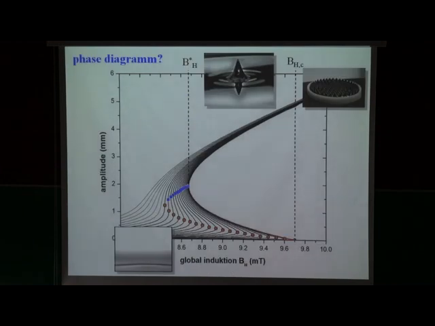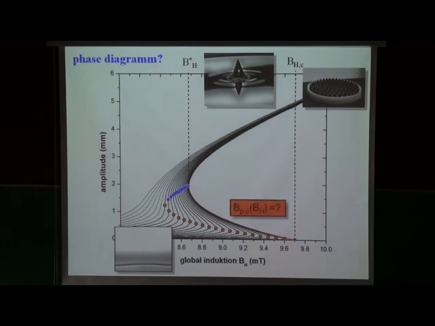Now we have a look at the phase diagram. I've shown you that we can measure the critical induction of the probe coil, which is necessary to initiate such a ferrosoliton, and this we can also get out of this model. You see these orange dots where for a specific Helmholtz field the situation is getting unstable.